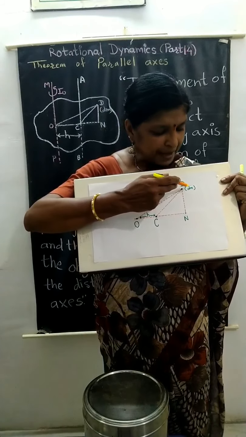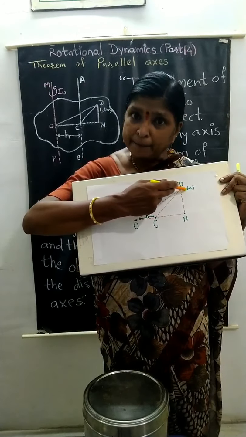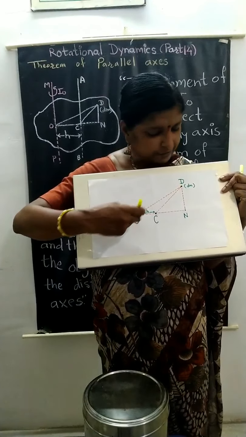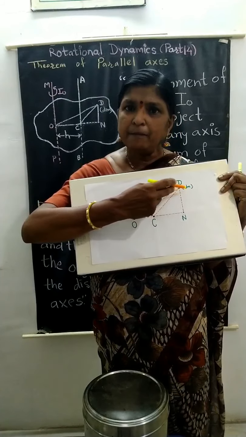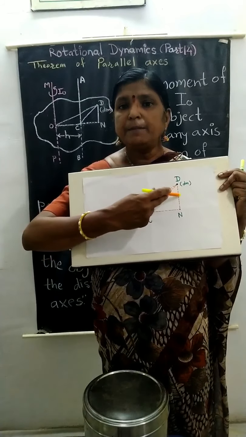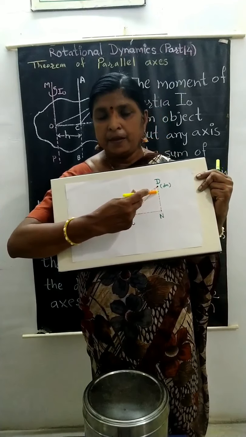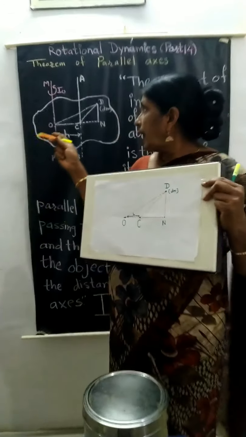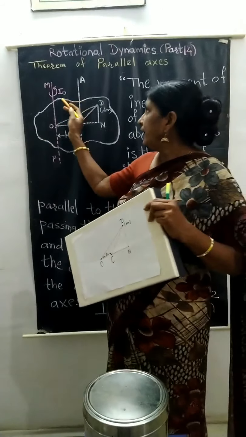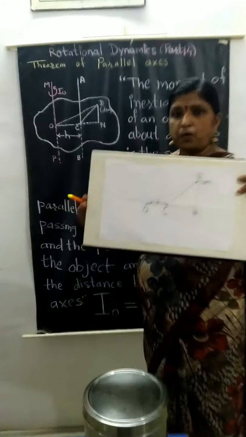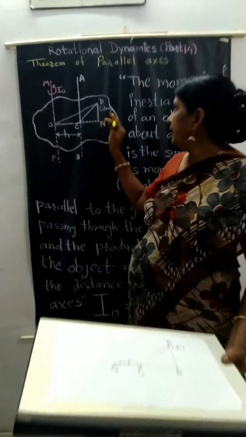If the mass of the element is small m, then we will write dO square into m. Instead of dm, we may write m if the mass is m of that small element. Now, I have told you that we are considering that the total mass of this rigid body is capital M.